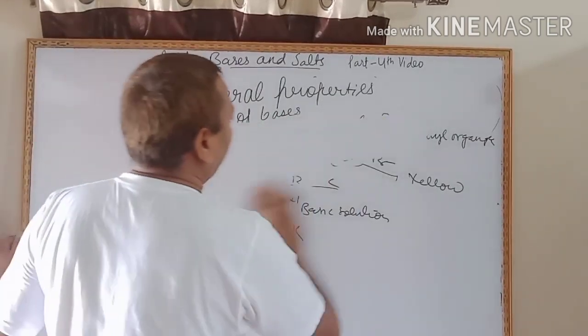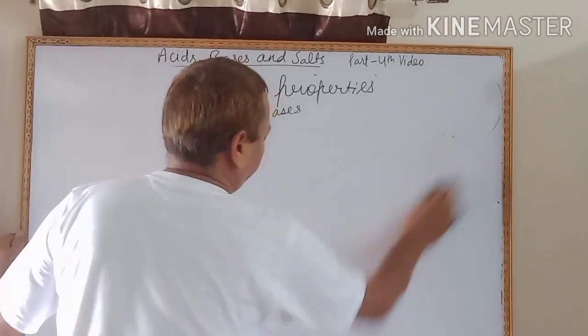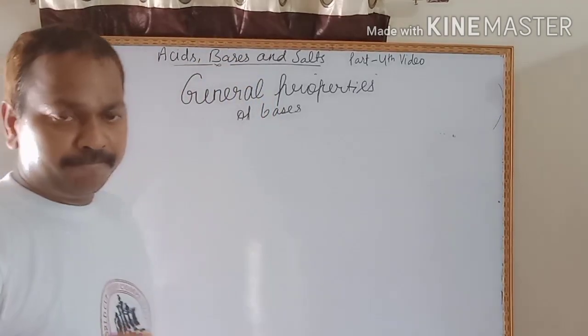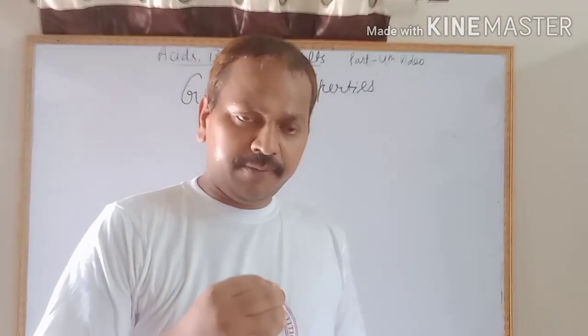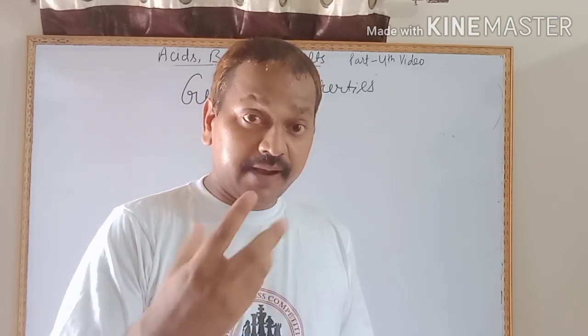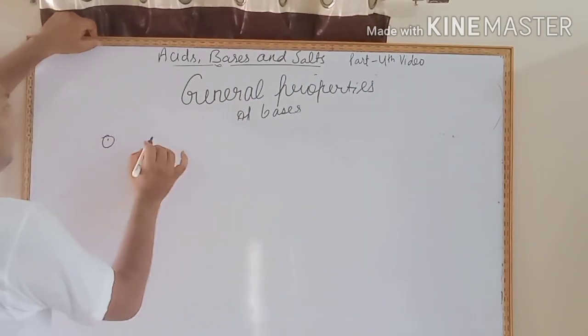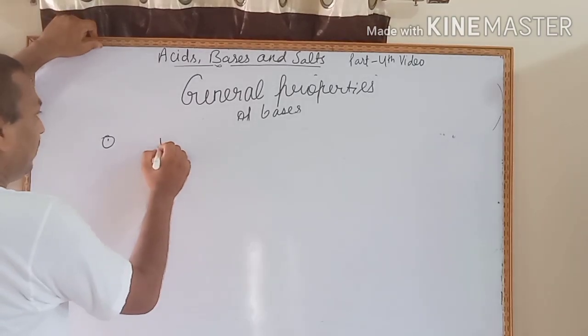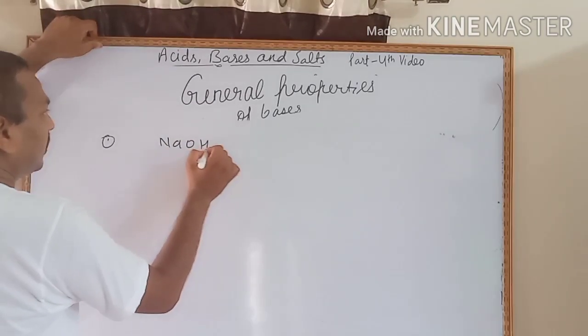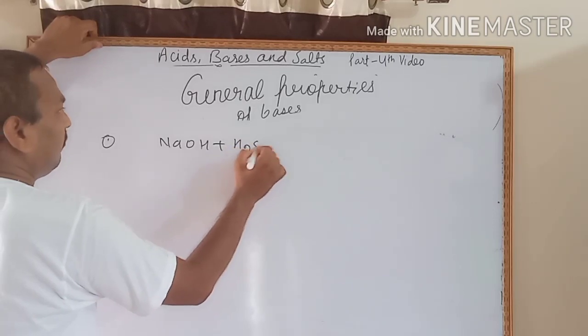Now the next property is when a base reacts with acid. See, this is the property, chemical equations. Base we will take NaOH, acid, sulfuric acid.